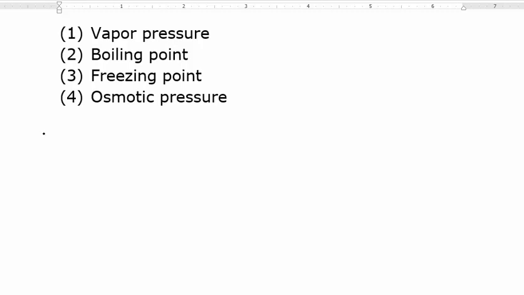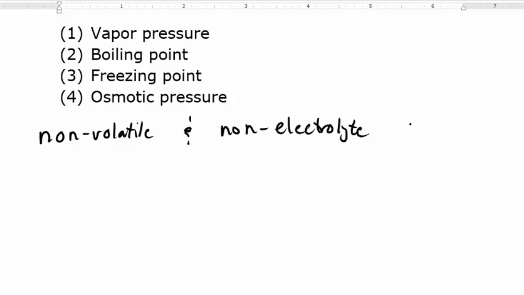And before we go any further, the kinds of equations we're talking about in this film are going to be ones that involve non-volatile, non-electrolyte solutes. There will be a separate video that talks about electrolyte solutes, but this one is for non-volatile, non-electrolyte. Non-volatile means the solute doesn't have a significant vapor pressure, and non-electrolyte means it doesn't dissolve into ions.